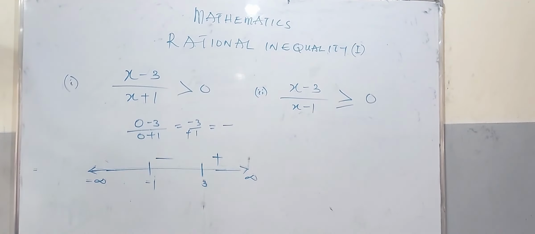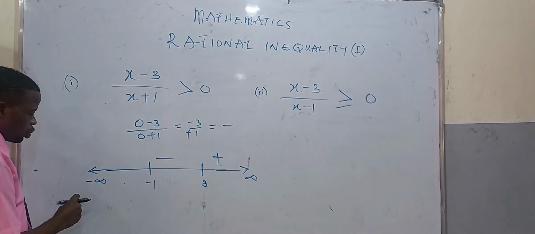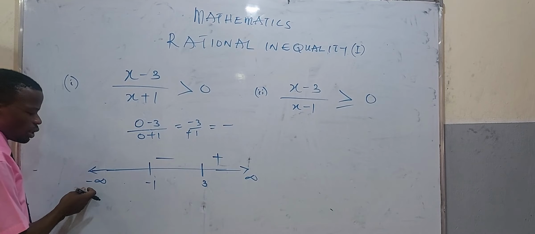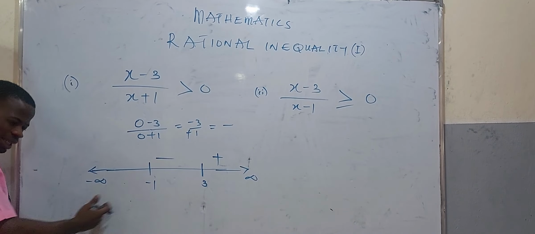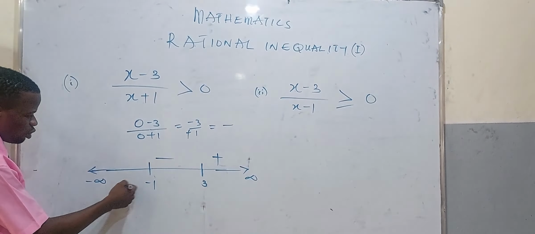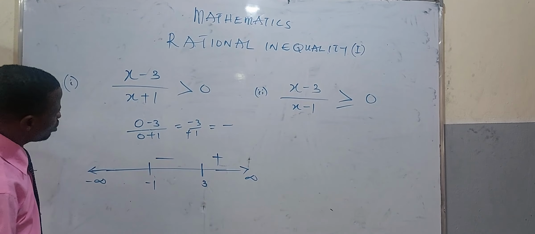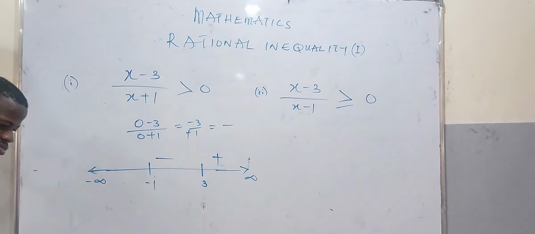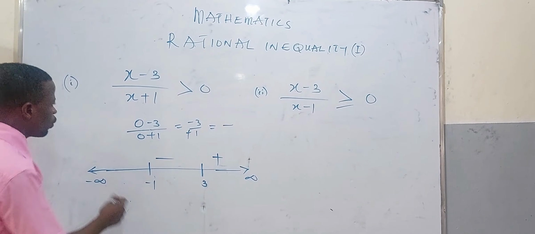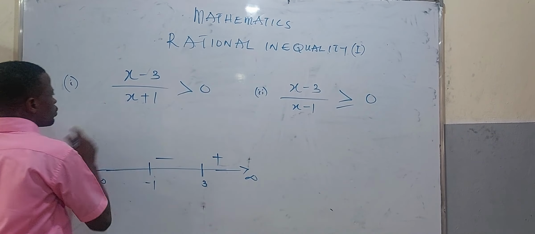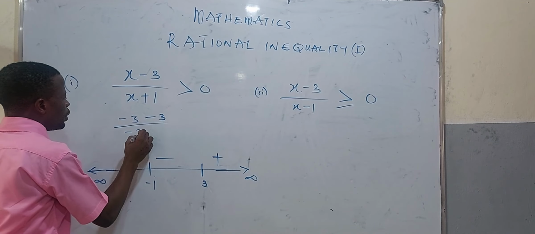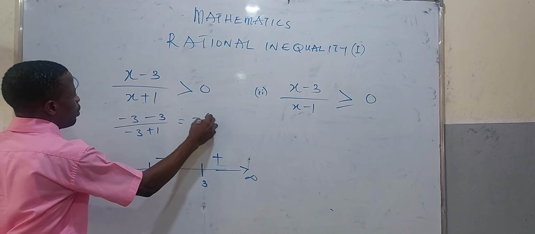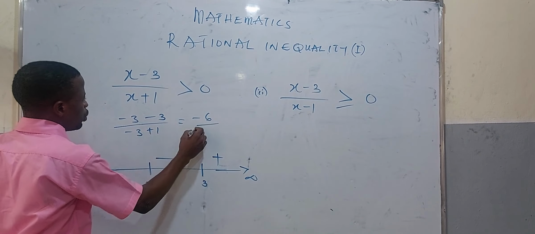What about this region, the values between minus infinity and minus 1? The numbers are less than minus 1. Let's pick minus 3. That will be minus 3 minus 3 over minus 3 plus 1, which is minus 6 over minus 2.